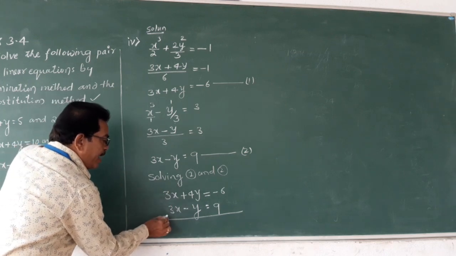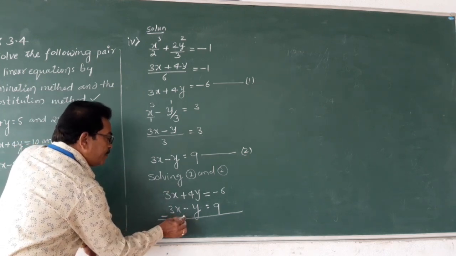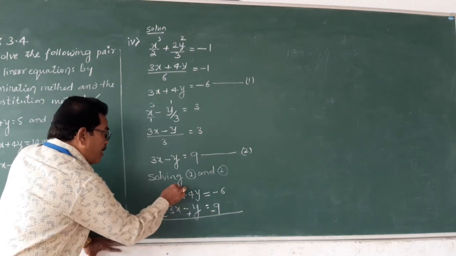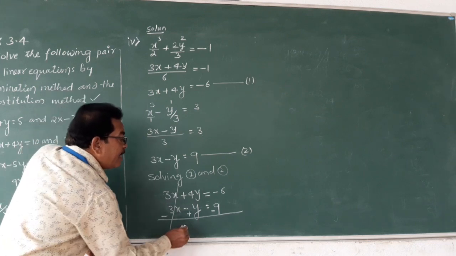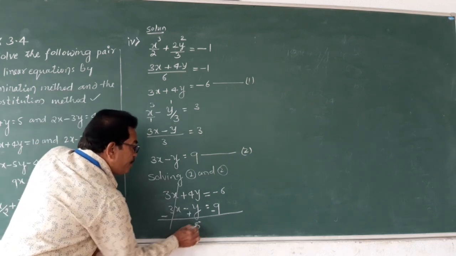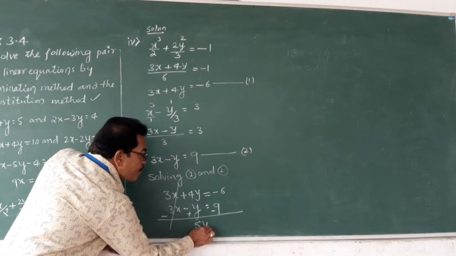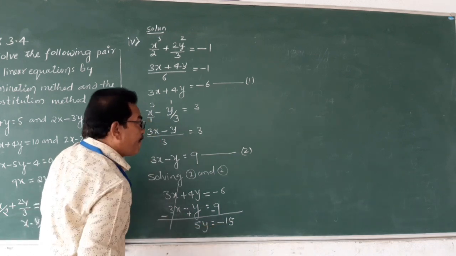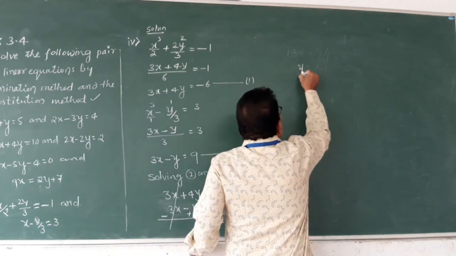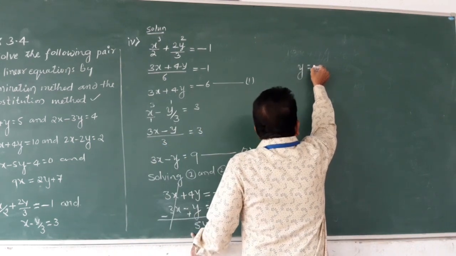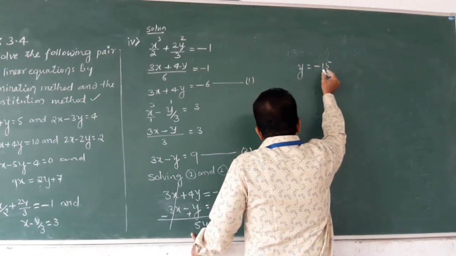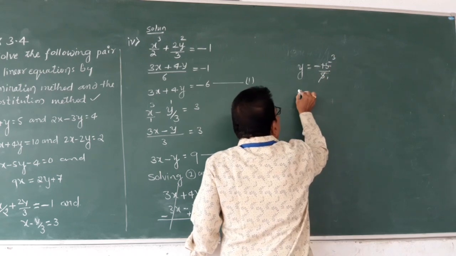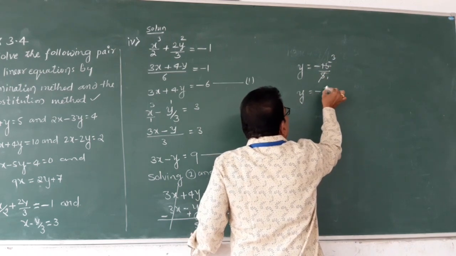Let us simplify as usual. Minus, plus minus, x minus x gets cancelled, that is 5y equals minus 15. Therefore y equals minus 15 divided by 5, y equals minus 3.